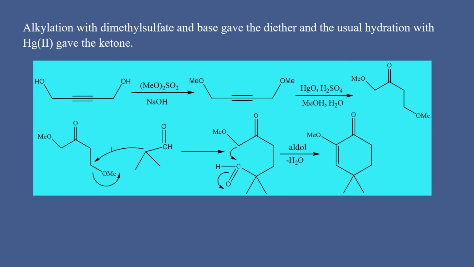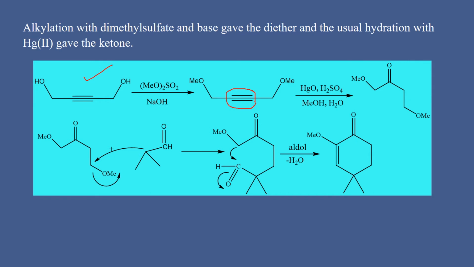Let's see the preparation. First of all, this diol is methylated with dimethyl sulfate in the presence of a base. This diether is obtained. When it is hydrated in the presence of HgO and sulfuric acid, carbonyl is inserted into any one of these two carbons.